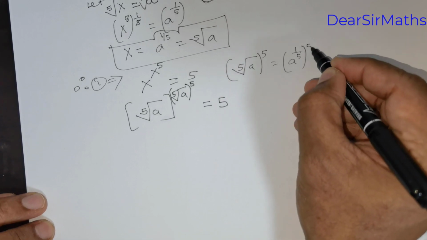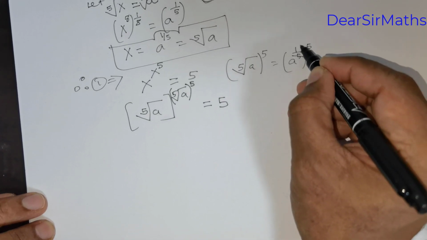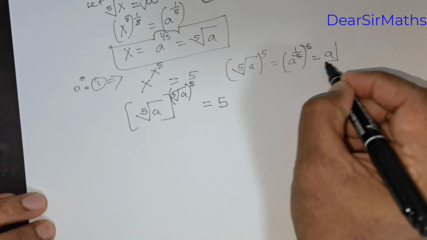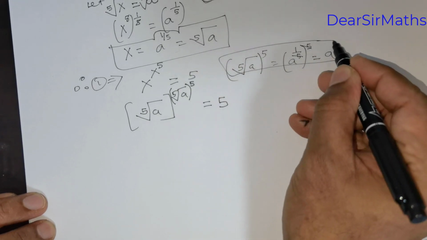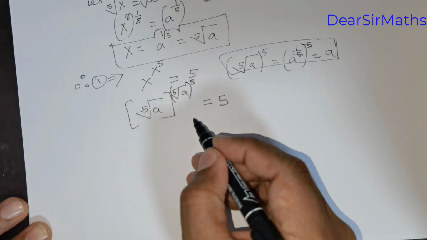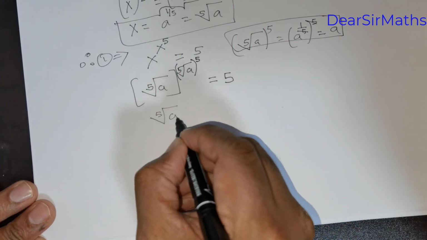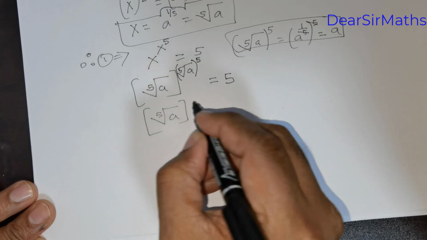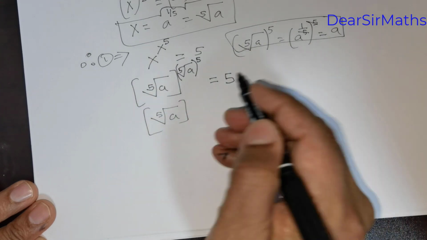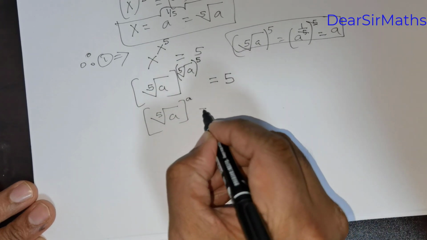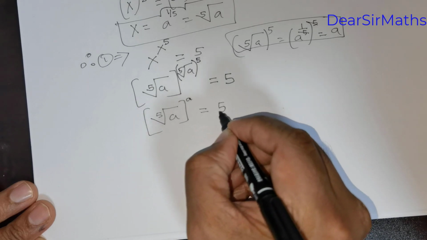This is raised to the power of 5. Clearly, by the law of indices, 5 can be cancelled, giving me a. So that is the simplification for the index that you see here. So this is going to be the fifth root of a, the whole raised to the power of a, and that is equal to 5.